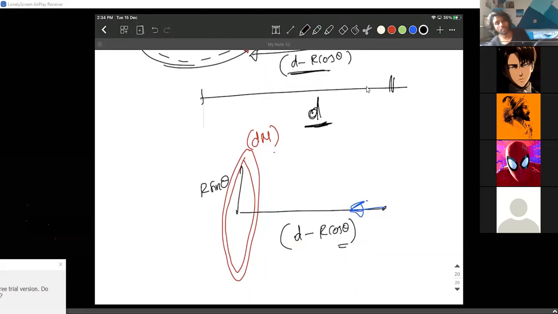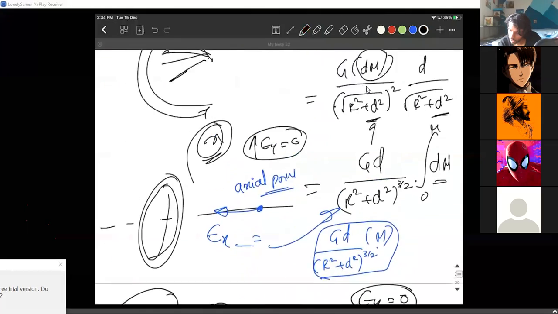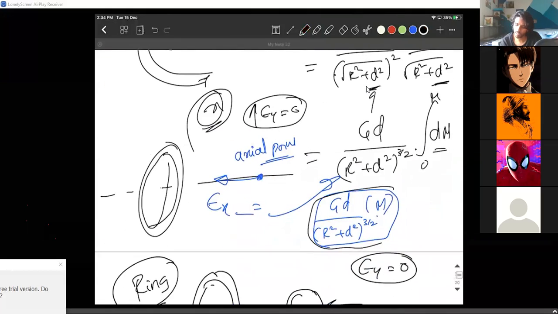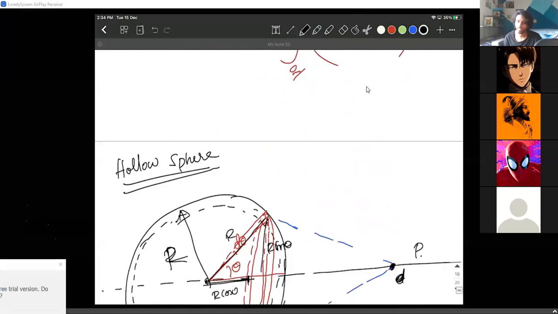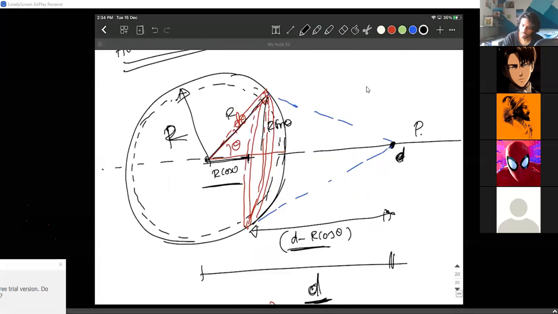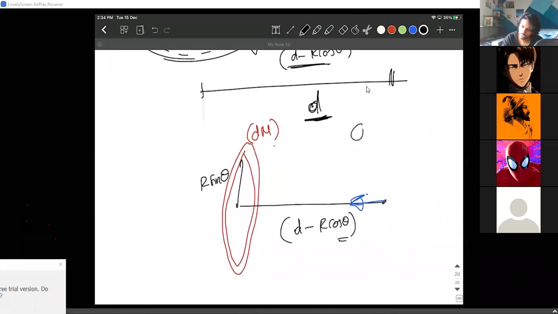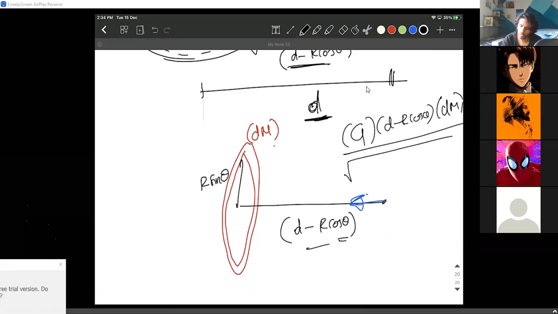Now we know the formula for a ring. All you need to do is apply the formula for a ring. Where is the formula for a ring? Can somebody find it for me? Yeah, this is the formula for a ring. Can somebody remember this is G d by root over r square plus d square into m, right? So G, the distance is d minus r cos theta, into dm by root over r sin theta whole square plus d minus r cos theta whole square.